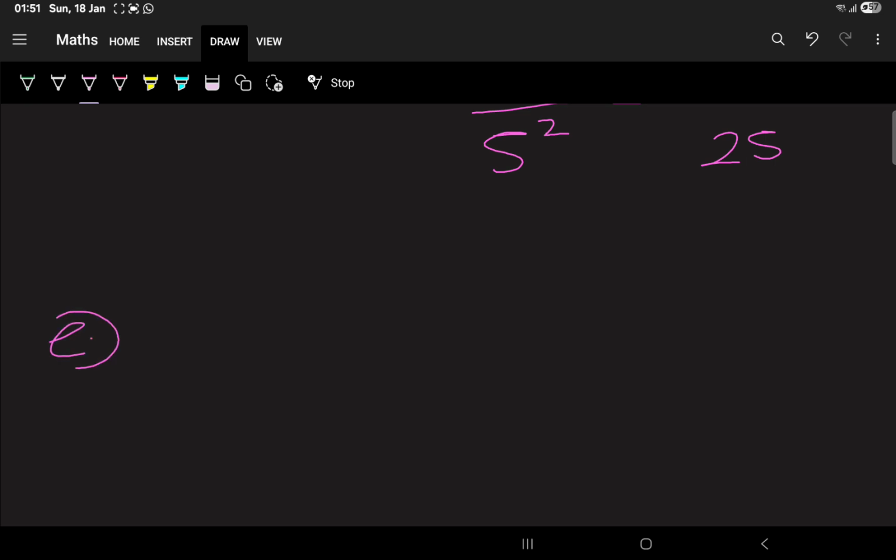Now we move to E, and our question for E is 2 raised to the power of 3 times the inverse of 1 over 6.